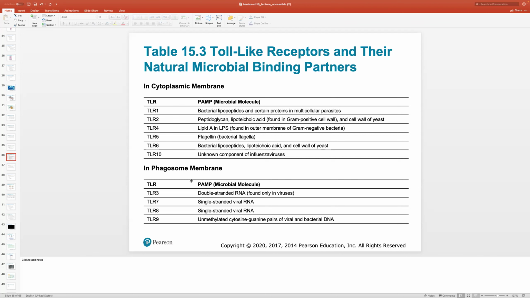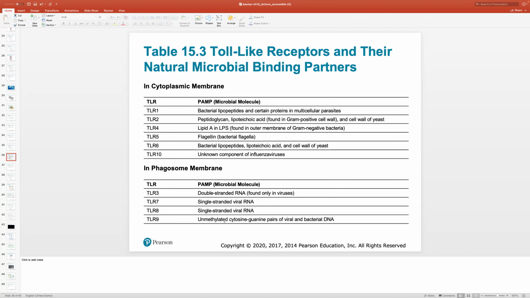When you look inside the phagosome membrane, here we're talking about the microbial molecules being genetic material. So TLR3, double-stranded RNA that we find in viruses, and then single-stranded RNA, which is used for making proteins, and we find those in bacteria as well as in eukaryotes.